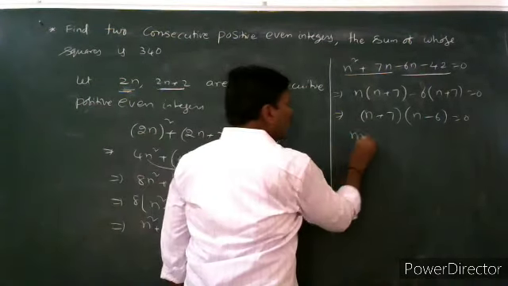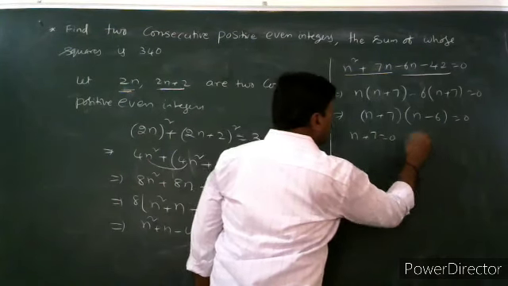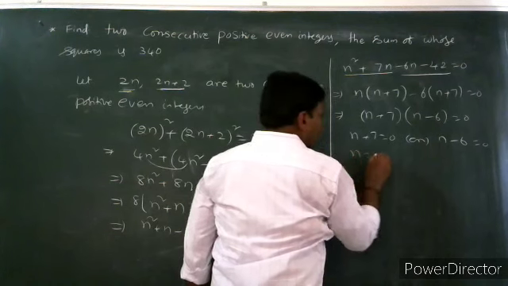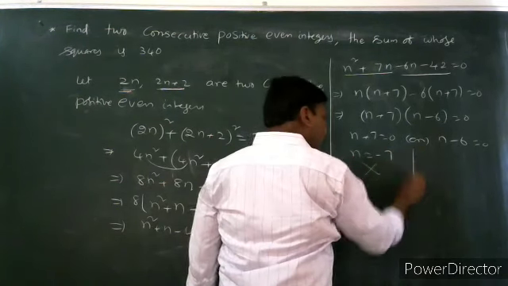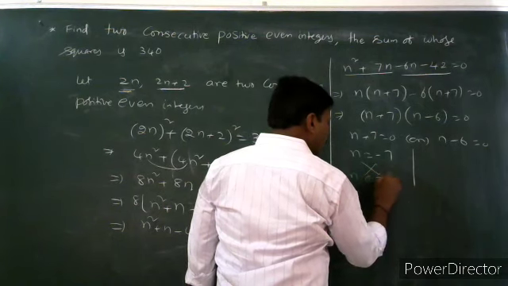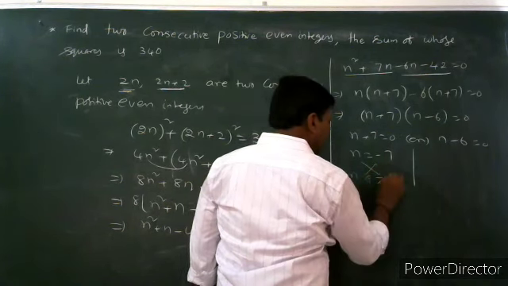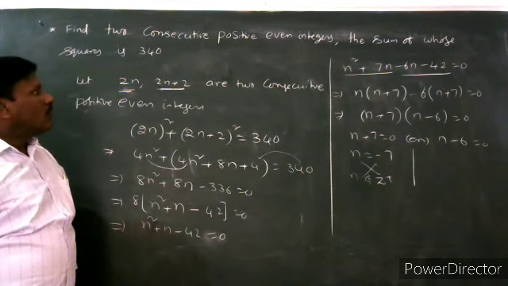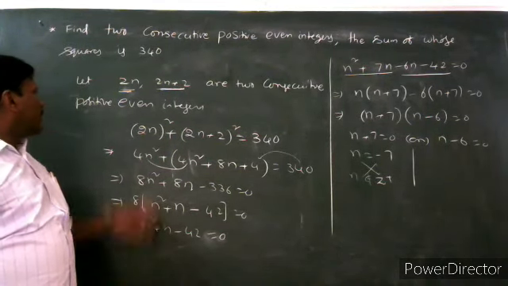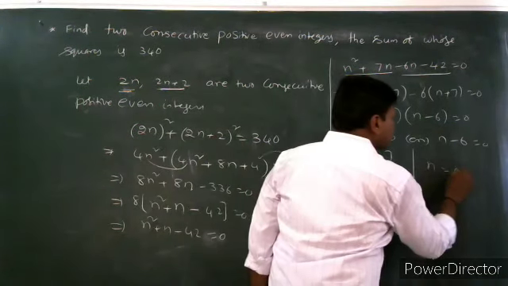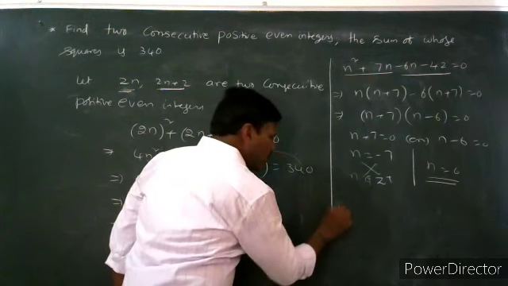So n + 7 = 0 or n − 6 = 0. N = −7 is wrong because n does not belong to the positive integers. N is not a positive integer, because we want positive even integers. Here n = 6, correct.